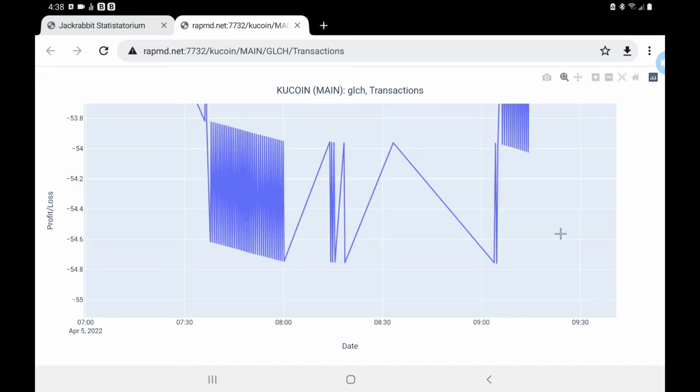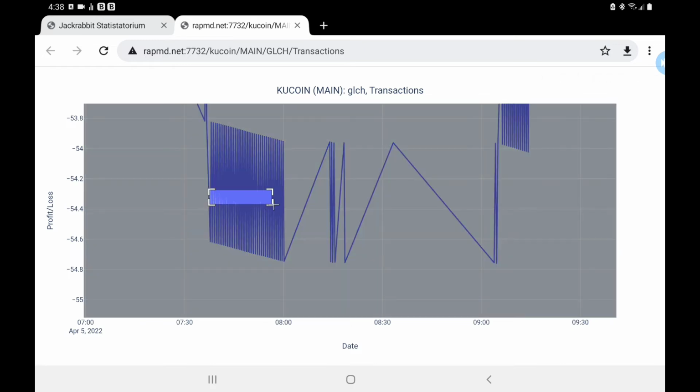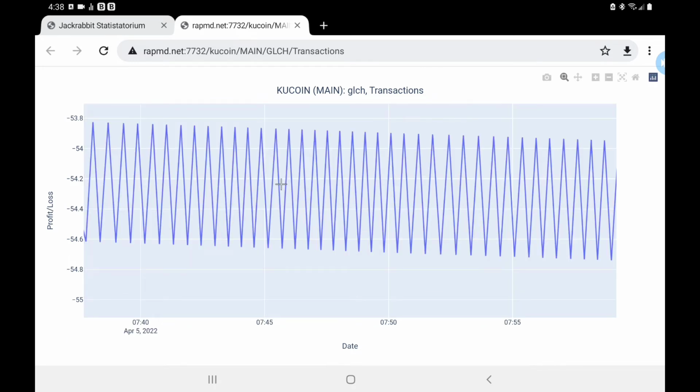So when you're trading high frequency, be aware that you can become the whale. You can offset and upset the order book so much by the level of frequency that you are trading.